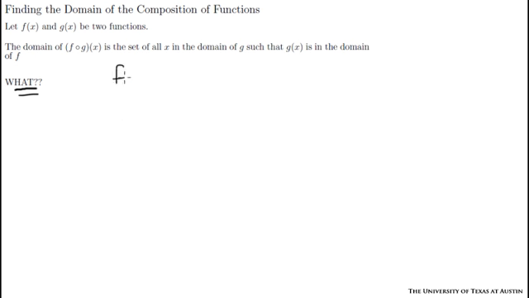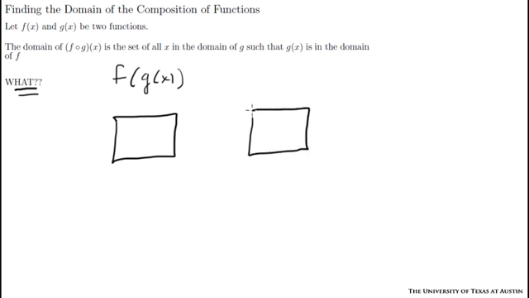First of all, f composed with g of x means we are going to evaluate f at g of x. If we were to draw a diagram with function boxes, we start with x values and plug them into our g function.